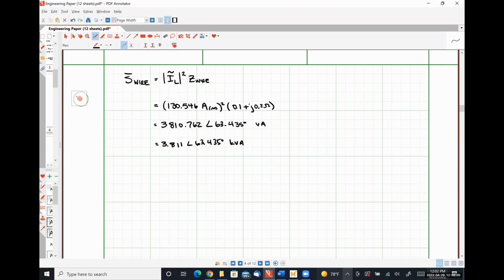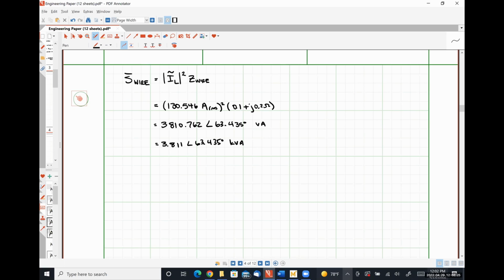I need to pay attention to the units here because I'm about to add this complex power absorbed by my wires to the complex power that's absorbed by my load. And if I don't do the units correctly, I'm going to get a wrong result. Okay.